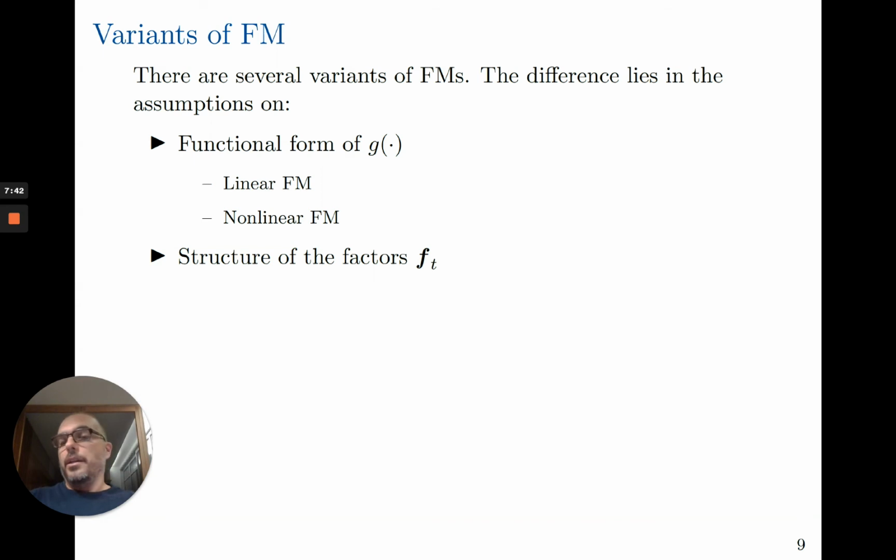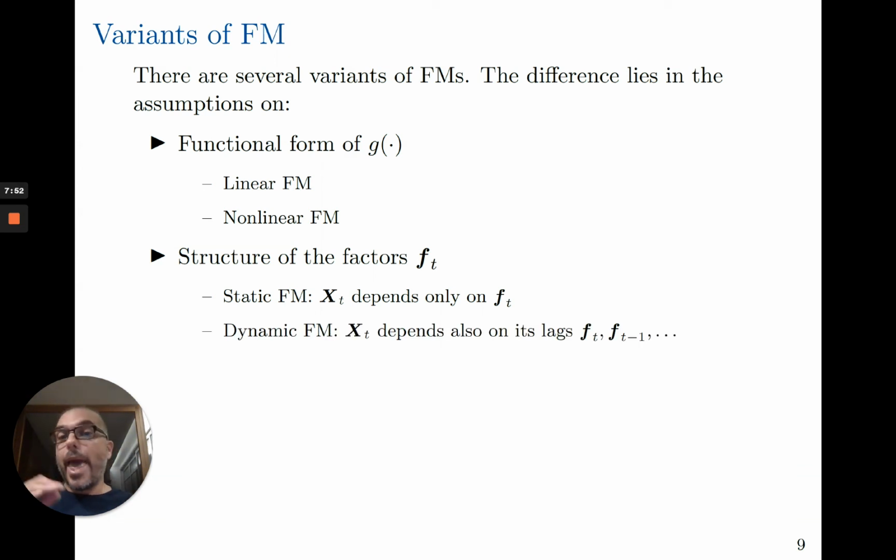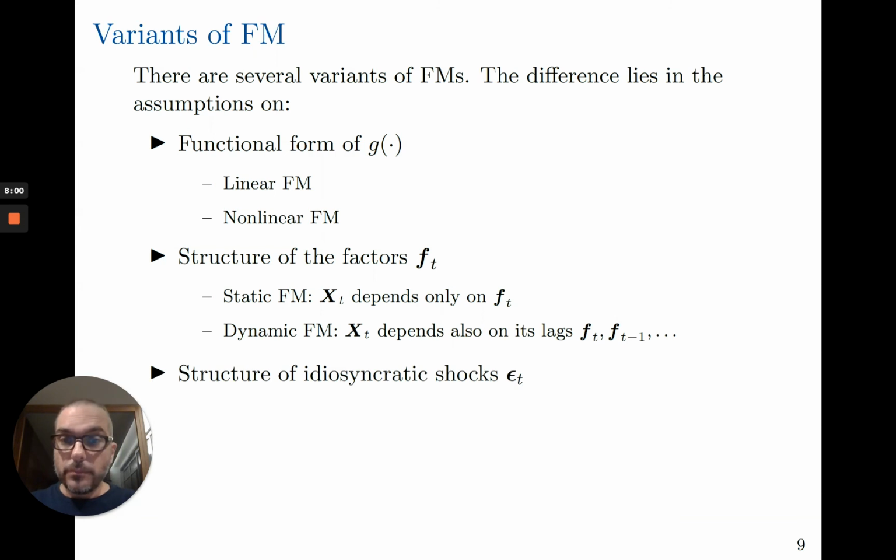Okay? The structure of the factors, they can be static, so x depends only on f at the same point in time, so that's why it's static. Dynamic, x depends also on lags of f, so the lagged factors also influence the dynamics of x.